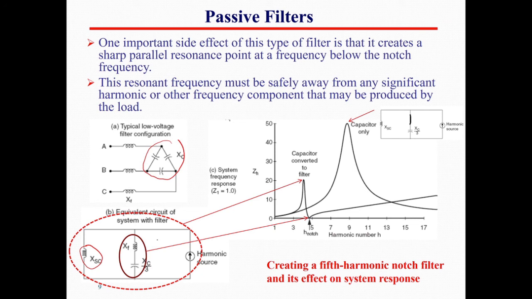First of all, the L and C will create series resonance, so the impedance will be very small there. Then this branch, which is the filter, will be in parallel with the system impedance, and that will create what we call parallel resonance, which is this point over here. Parallel resonance will have high impedance, series resonance will have very low impedance.